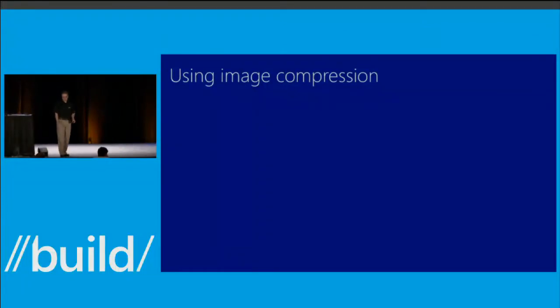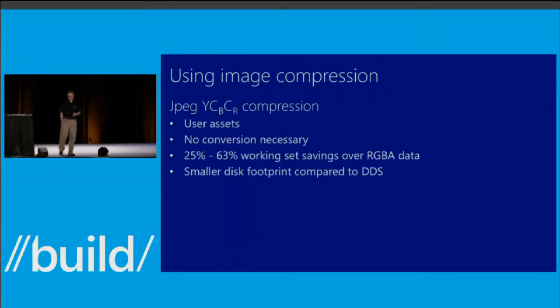So some quick advice in terms of how you want to think about JPEG versus DDS. If you're using JPEGs, you should be using YCbCr. You don't have to do any conversion on the images that you already have. You should think about making changes where you're doing your loading, such that you can circumvent the need to go to RGBA images and use the YCbCr effects instead.